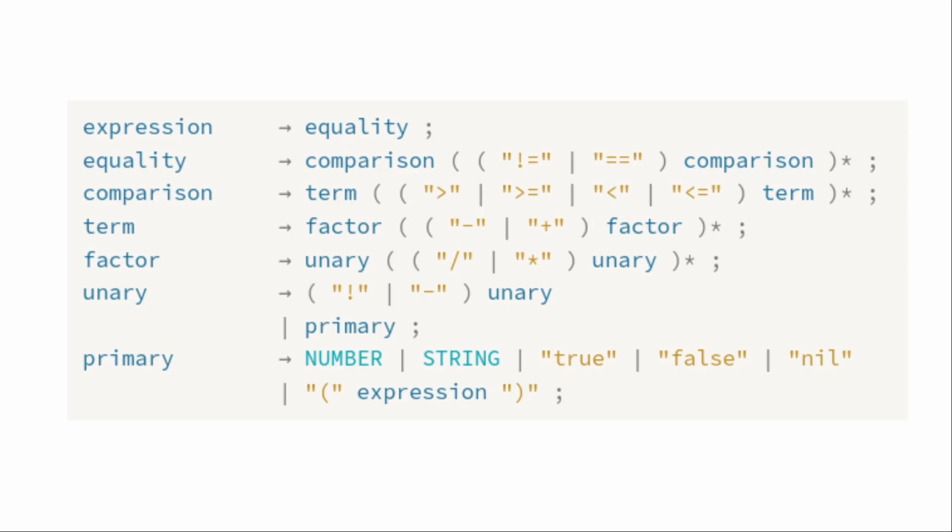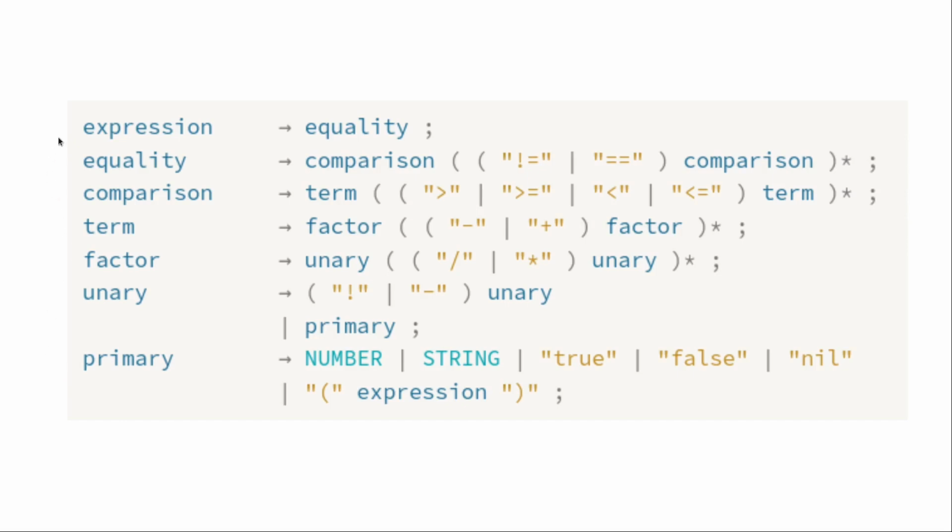And then this is how our associativity and precedence rules look in code format. At top level, whatever expression we pass in, we're going to pass it first to the equality rule here. And that means that everything at the top is low precedence and everything at the bottom is high precedence.